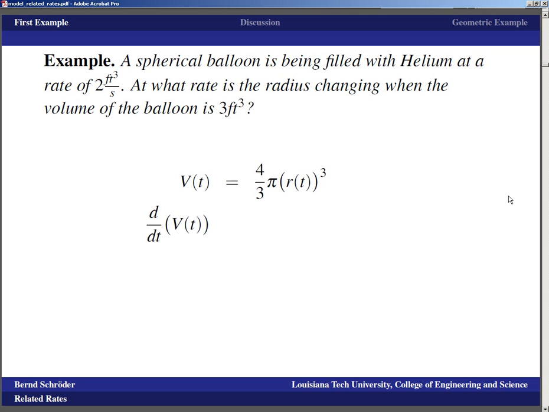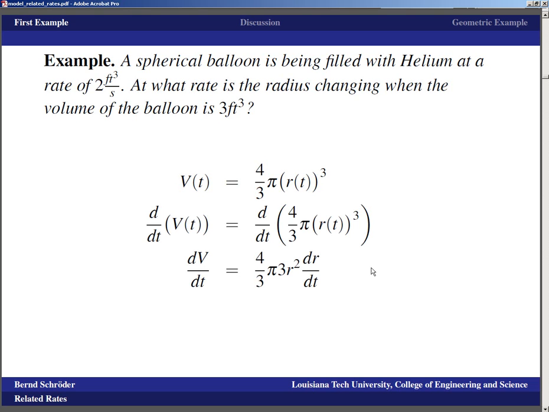Well, if we have that and we take derivatives on both sides, then we get derivatives on both sides. And let's see, what would we get? We would get dV/dt is 4/3 pi times 3r squared times dr/dt, right? That's the part that is always important. That's the part that we had to get used to in implicit differentiation, that we still had to multiply with the derivative of the inside, and that's the case here also.